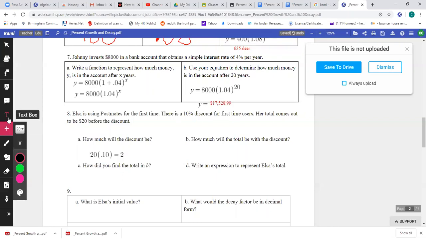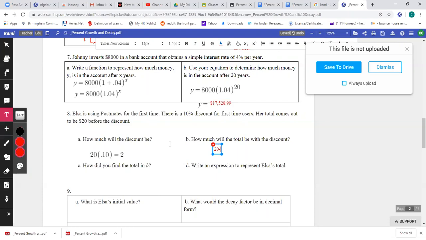So what will the total be with the discount? Well, that is just going to be 20 minus 2, and that's $18. So this time you are taking the total minus the discount instead of adding like before.